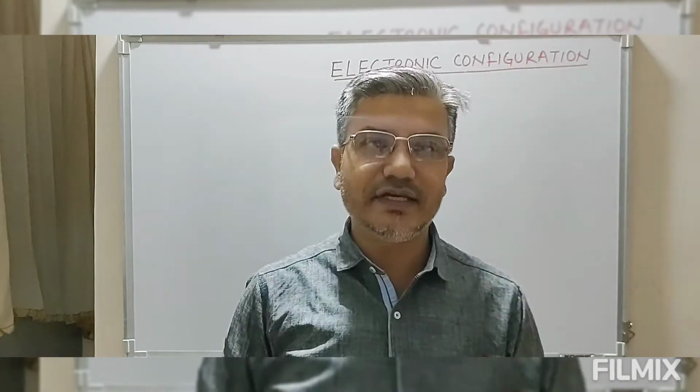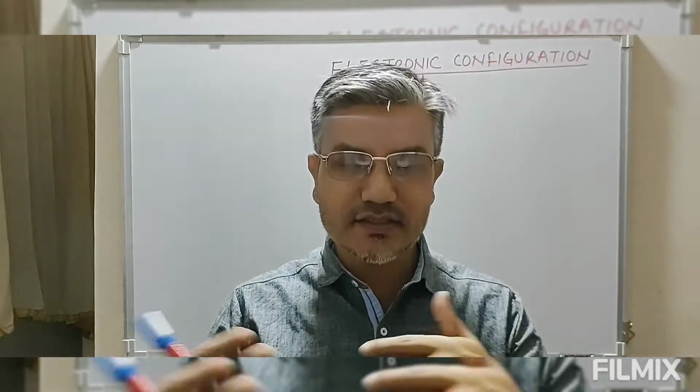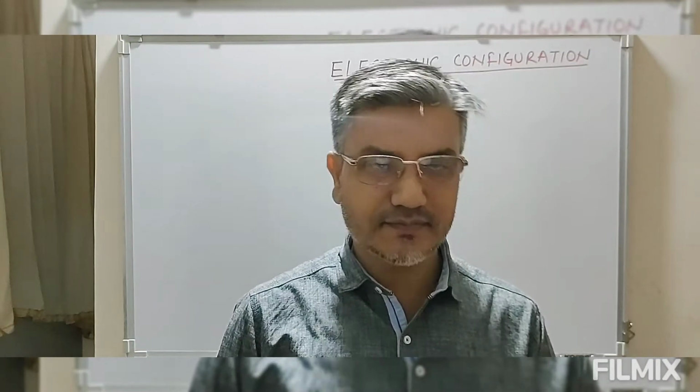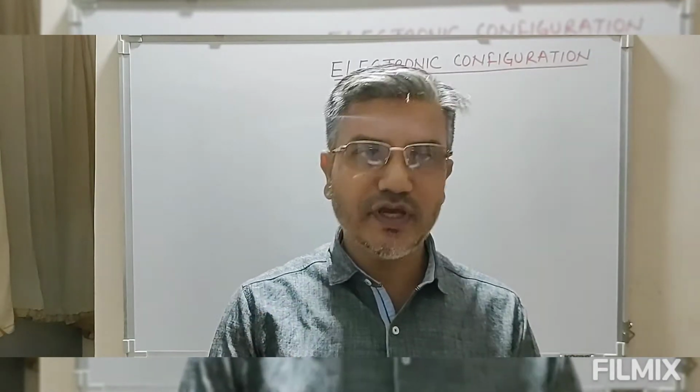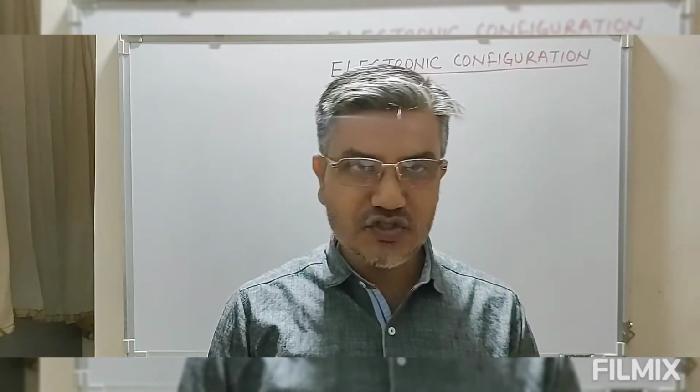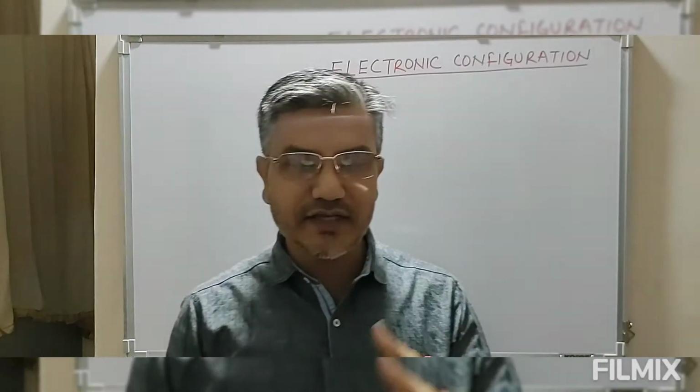So now the question arises, how do we place these electrons in the various atomic orbitals? So this way or the method of arrangement or the placement of electrons in various atomic orbitals is what we call as electronic configuration.